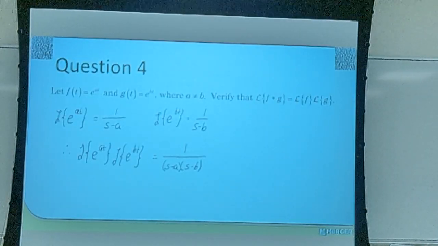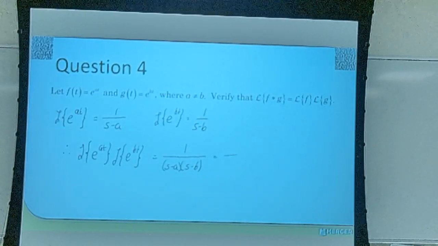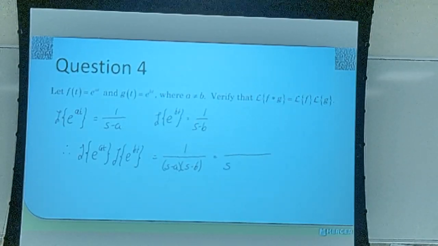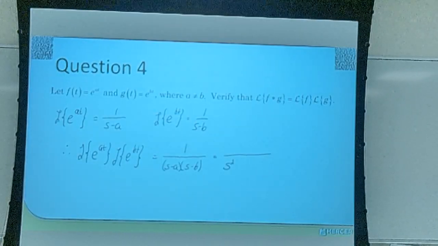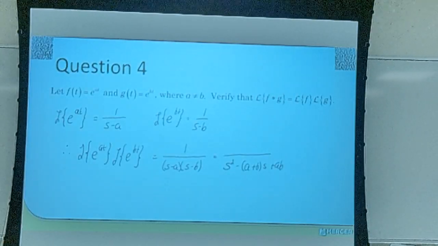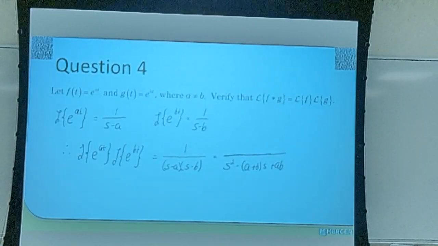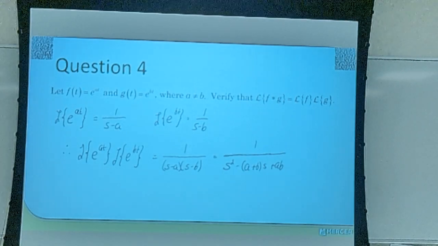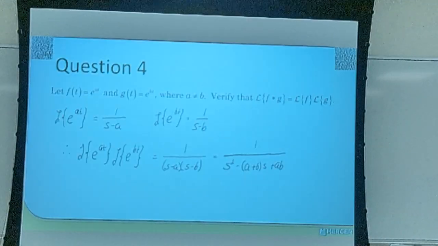It's 1 over s minus a times s minus b. I don't know how the integral is going to work out. So let's call that 1.